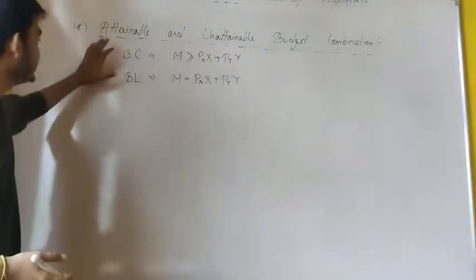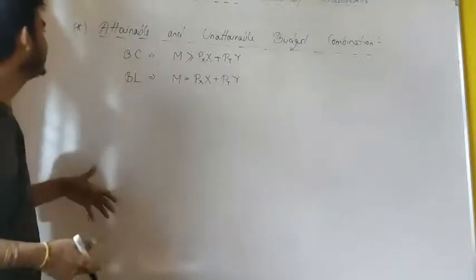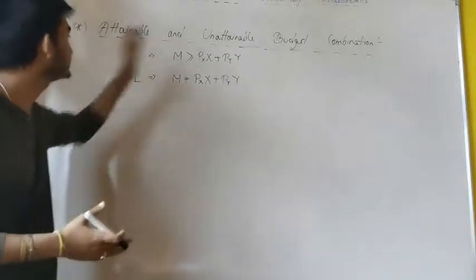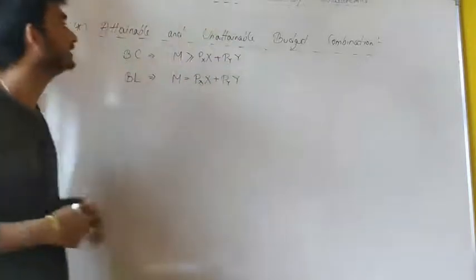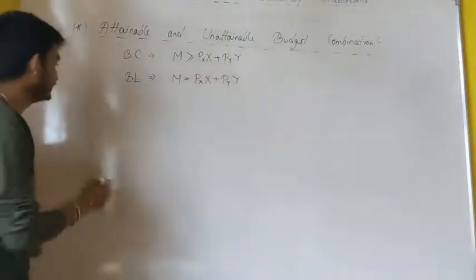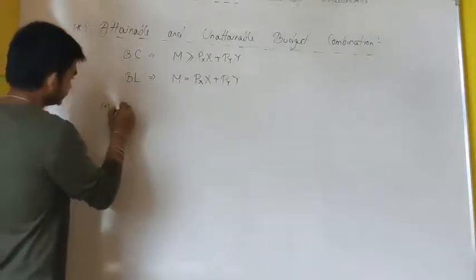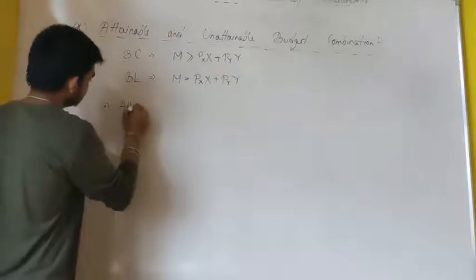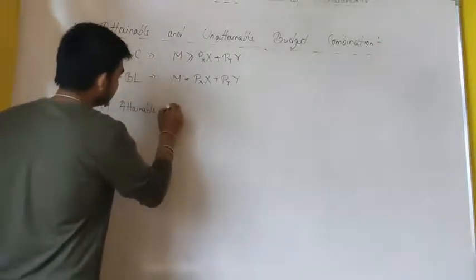Now this budget constraint and budget line together separate these two big concepts, the attainable and unattainable budget combinations. So let us discuss them. Attainable.